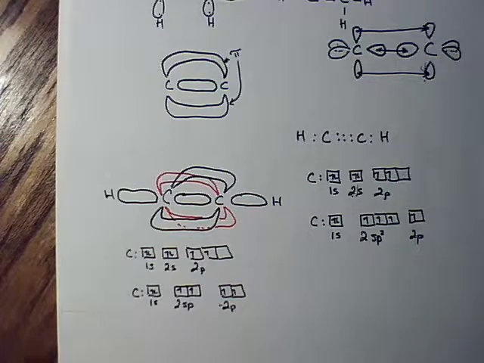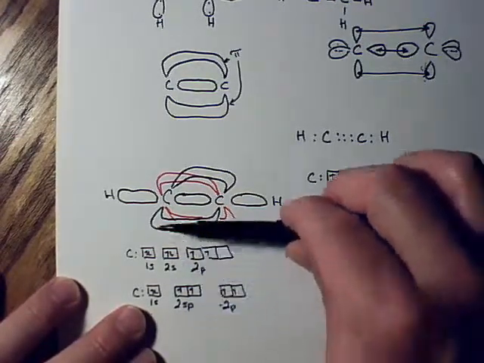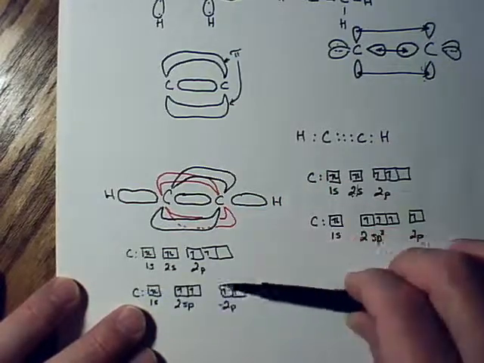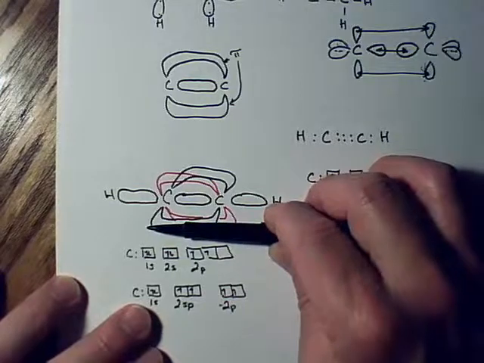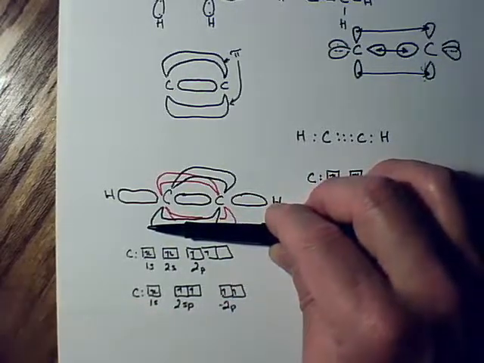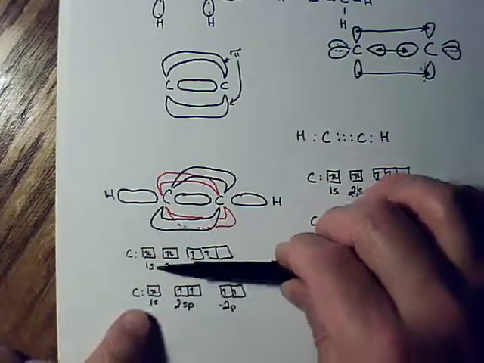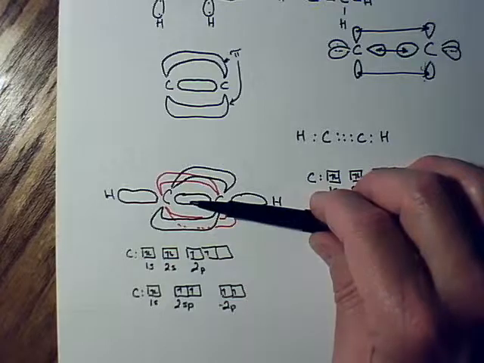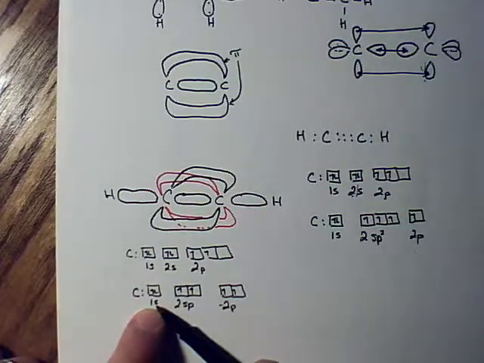Okay, now that's the way I teach it in high school. When you get to college or you take an AP class, you may see these orbitals stacked. So they're not side by side, but the 1s is here and the 2sp is here and the 2p is here to show the energy. Okay, we just got through doing thermochemistry. It's the amount of energy stored in the placement of those electrons. All right? So the 1s set of electrons has a low energy state.